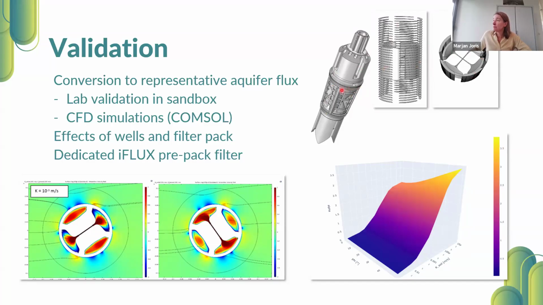The windows of the sensor are the same windows you can find back in the pre-pack filter screen. So flow can enter freely and regularly in this small sensor where we are measuring.